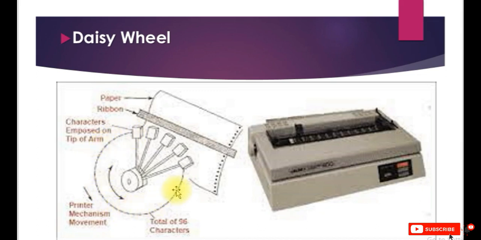Notice the form factor here, and these that you're looking at are the characters which are affixed to this mechanism, and so as it rotates, based on what is to be produced, the respective characters would be hitting against a ribbon, or striking the ribbon, which makes the respective character impression on the paper. Alright, so that is essentially how it functions.